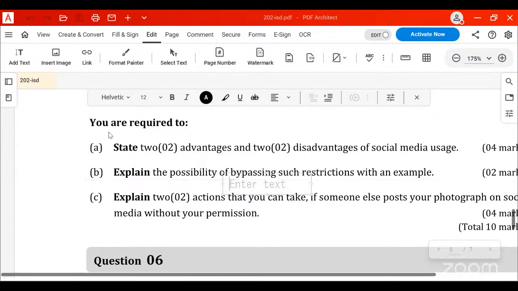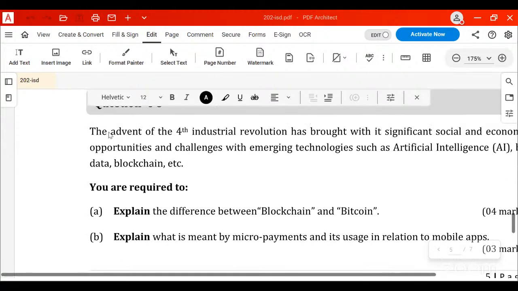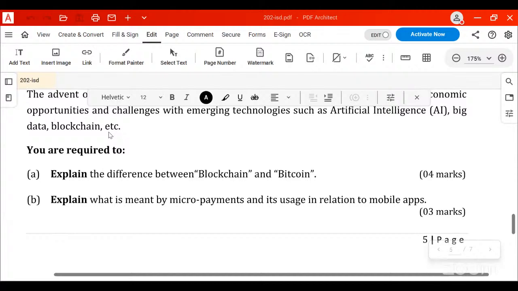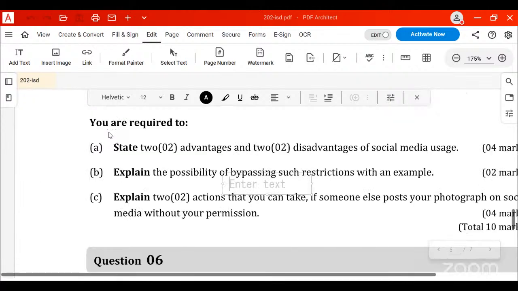Next question. Explain what is meant by micropayments and their usage in relation to mobile apps. Micropayments refers to small value financial transactions, often less than $1, right?